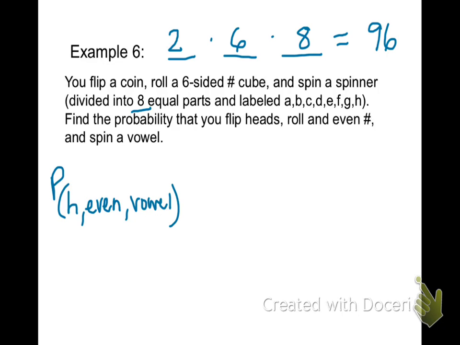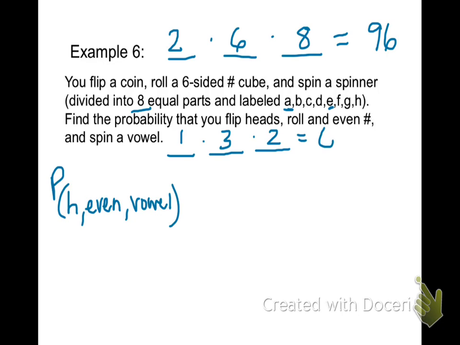Now, we determine the favorable outcomes. Flipping a coin, getting heads would be one way. For an even number, there are 3 ways to get an even number. So for the favorable events, we have one way to get heads, times 3 for the even number, and then times getting a vowel, well, A and E are only 2.